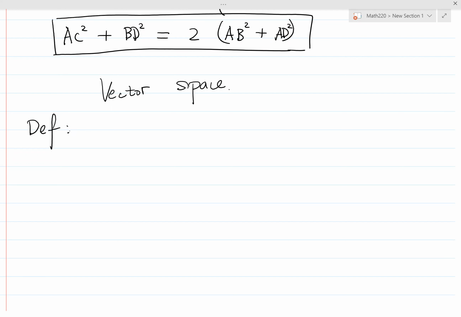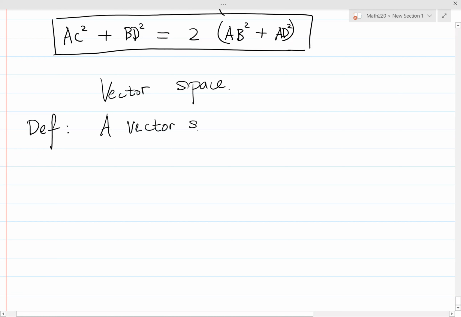Similar idea applies here. If we want to study vectors, we study all these vectors together, and they form a space called a vector space.